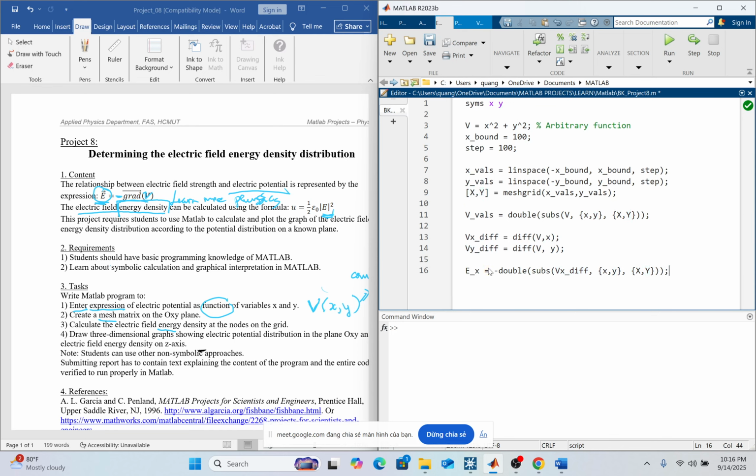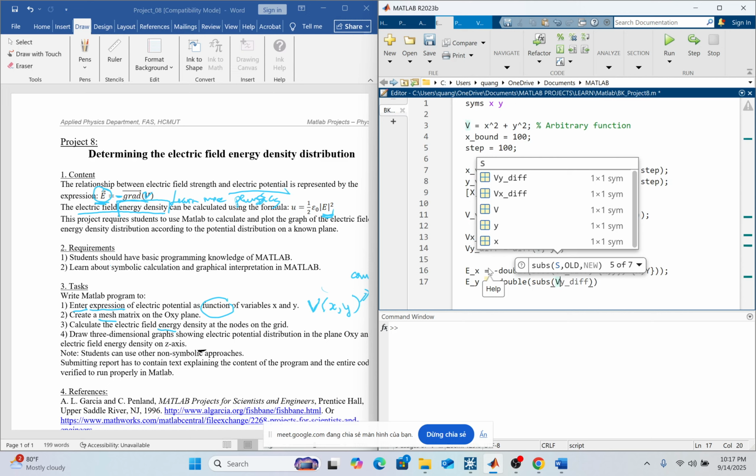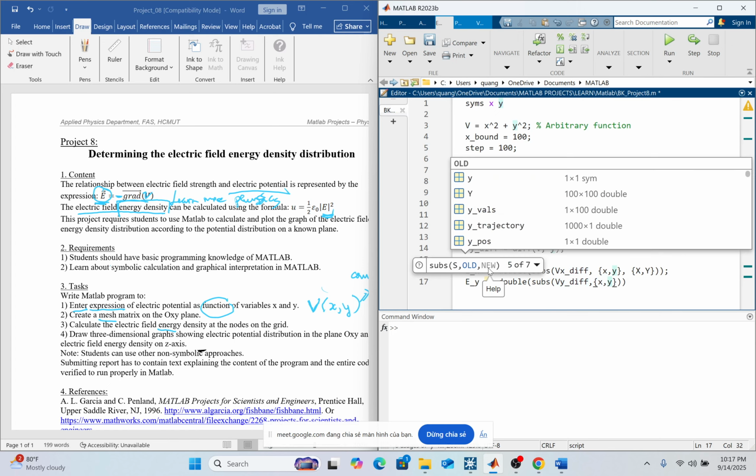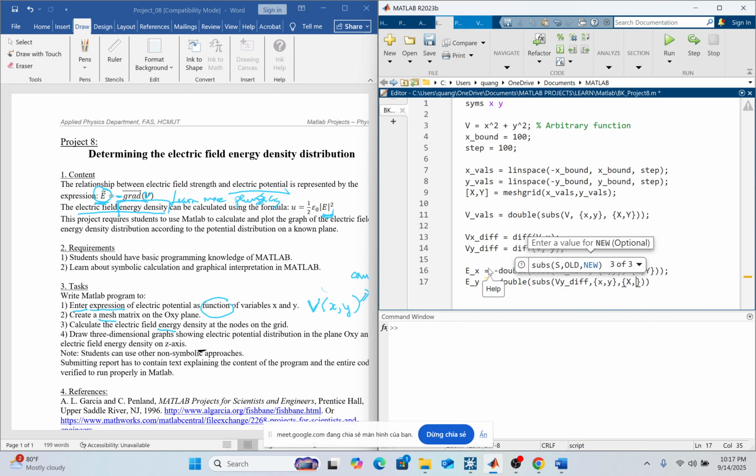And similarly, you do ey: minus double subs of vy diff, x, y and x, y. That's it. Now you have the set of values for v, for ex and ey for any point in the space you created.